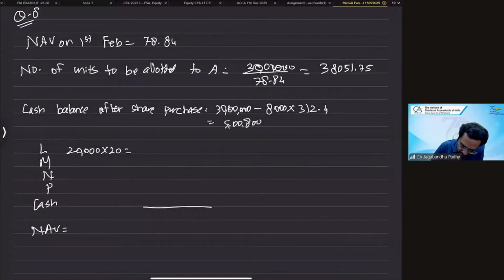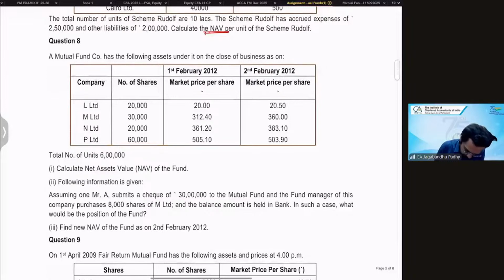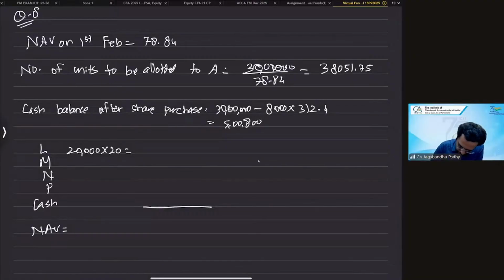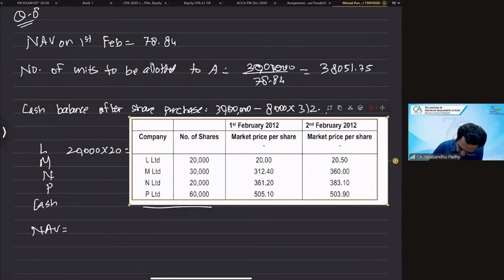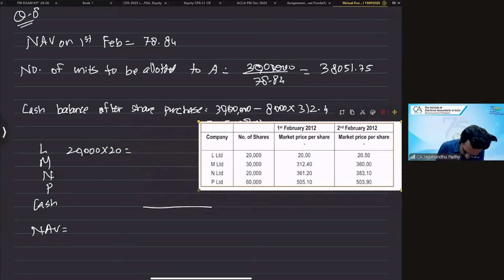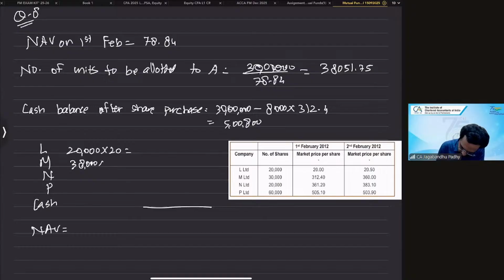M is going to be 38,000 into 312.4, 20,000 into 361.2, 60,000 into 505.1.